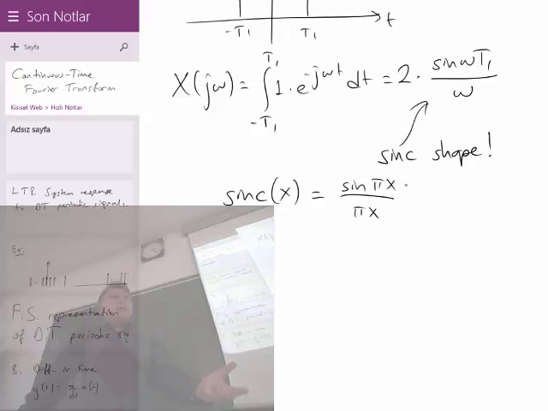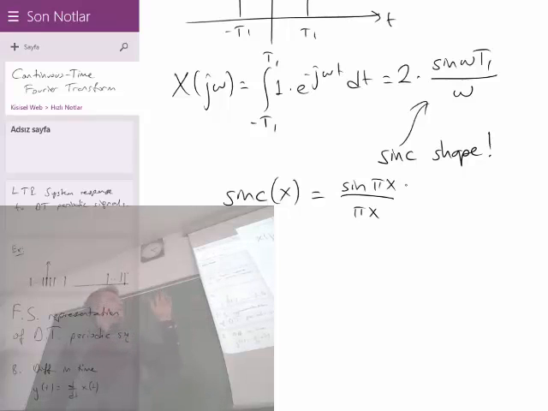The denominator is 0, but so is the numerator, because sine 0 is 0. So it's a 0 over 0 thing, and you have to apply L'Hospital's rule. When you take the derivative of sine omega T1 with respect to omega, T1 comes out and the cosine comes into the picture, and the derivative of the denominator is 1.